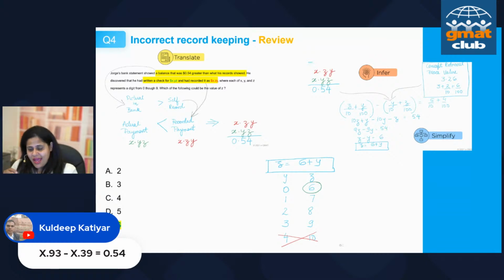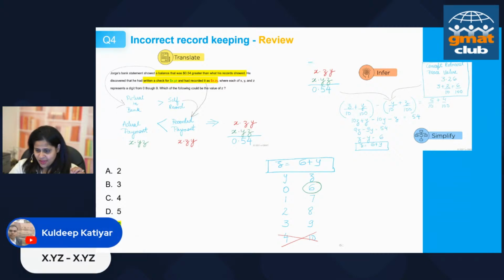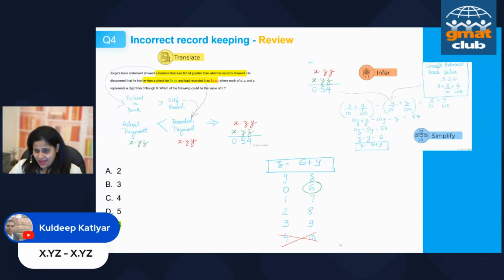Instead of just randomly picking numbers, make sure that you work out the constraints the way I have shown over here. That's a lot more scalable method. As we are solving questions, we should always make sure that we are using as scalable methods as we can. There are multiple ways of solving questions, that goes without saying. No, Kuldeep, that's not the right thing. It is x.zy minus x.yz.